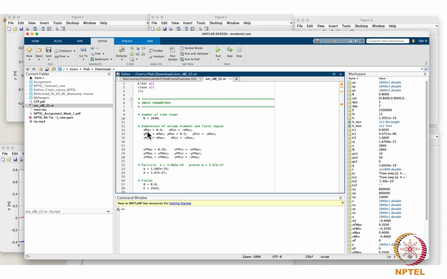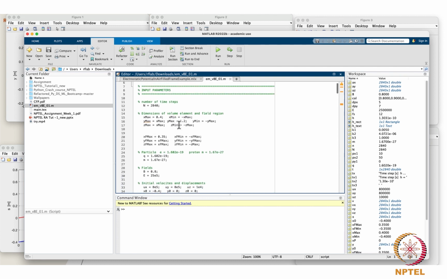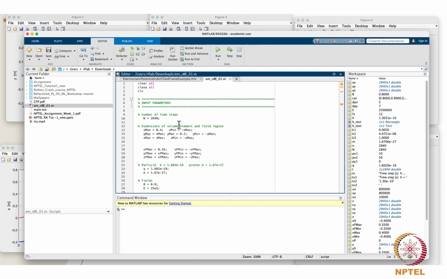Okay, so this first example is about a charged particle in a time varying electric and magnetic field. That means you have a charged particle which is moving at a velocity in a time varying electric and magnetic field.